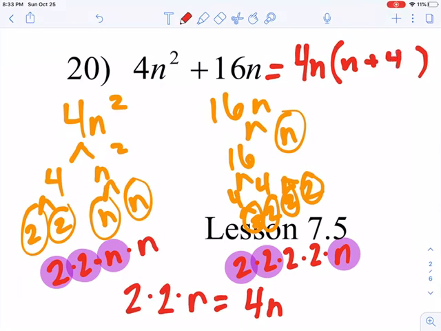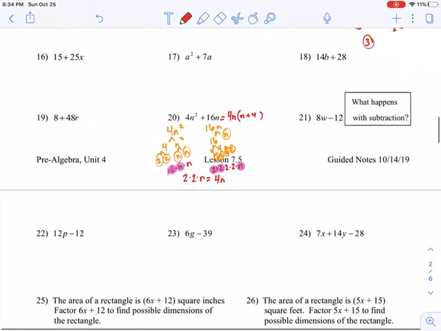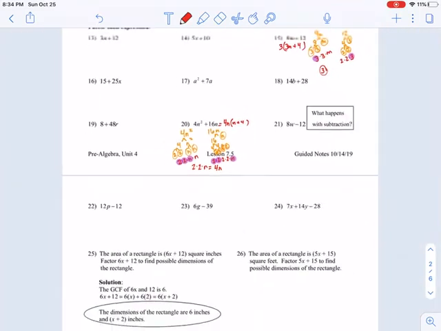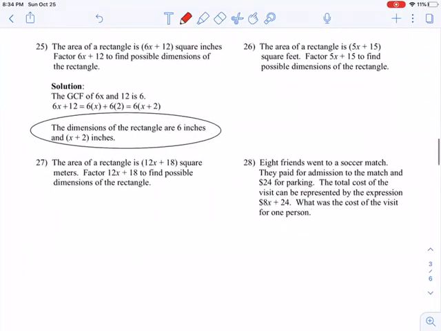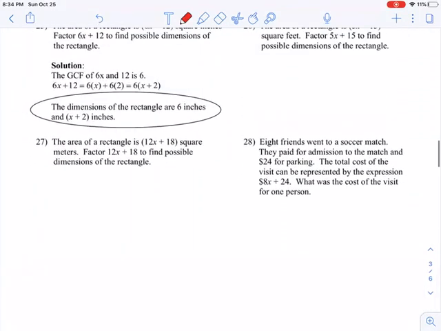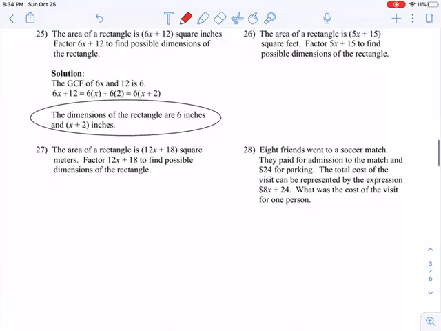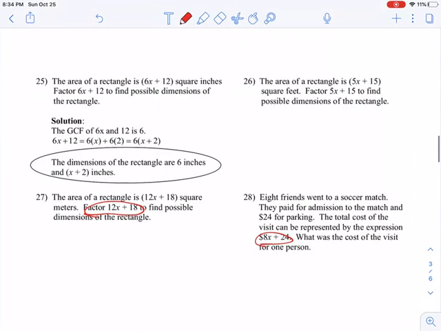Again, just double check yourself. 4n times n is 4n squared, and then 4n times 4 is 16n. And you're factored. Okay, you can try the rest of these. In the word problems, they tell you exactly what to factor, so you're just doing exactly what we did in the examples I just showed you.